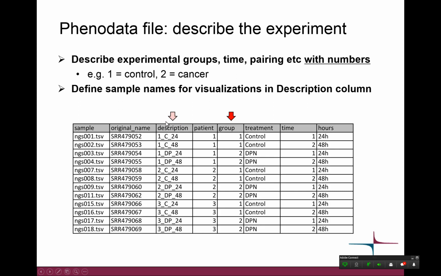Then the other column you might be interested in is the description column, because here you can write whatever text you want to appear in the visualizations. When you make plots of this data, like for publications, how do you want to call the samples then?